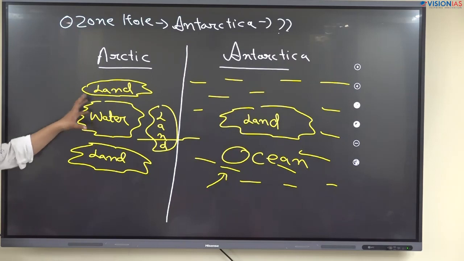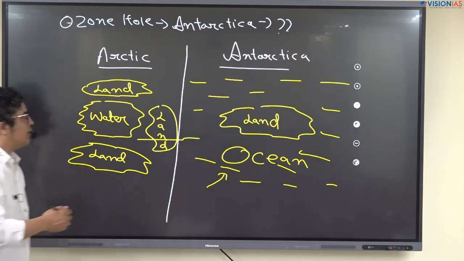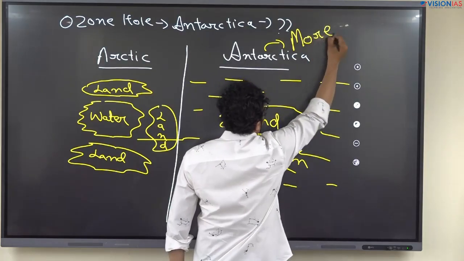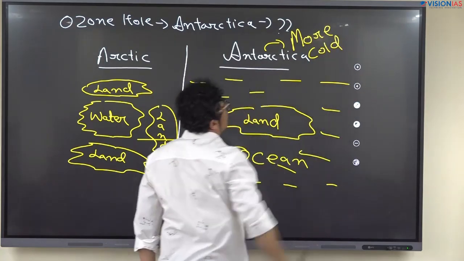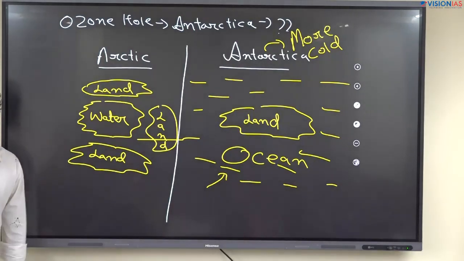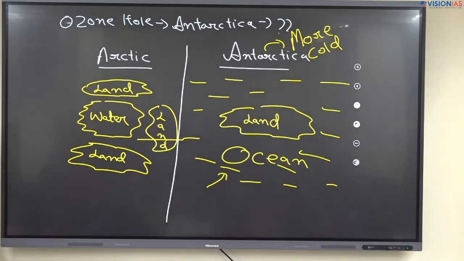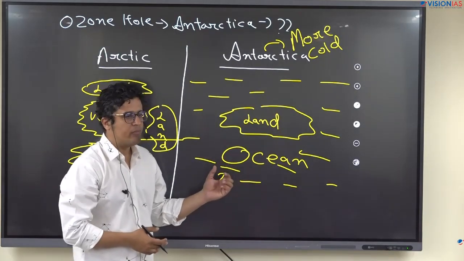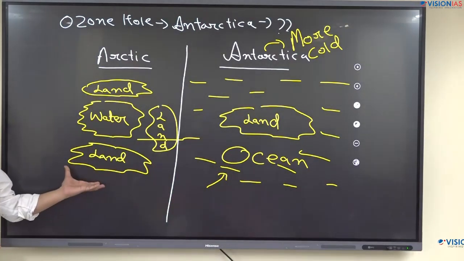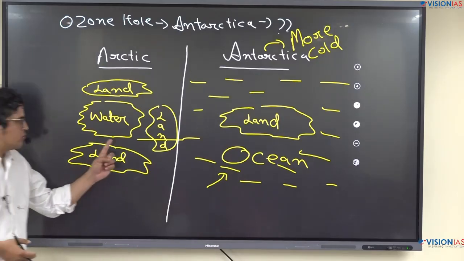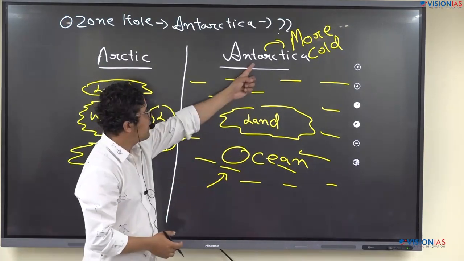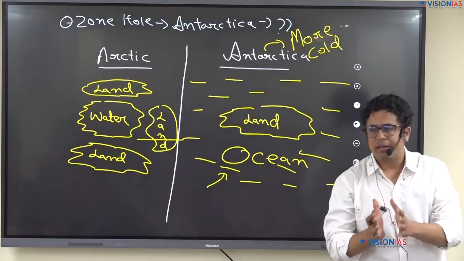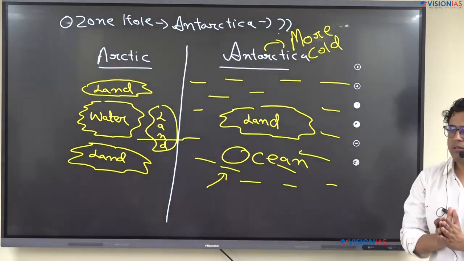So if you compare these two locations, Arctic and Antarctica, what you can conclude? That between them, which would be more cold? Antarctica would be more cold, because here ocean will take time to become warm. Here landmass becomes warm earlier. So this is a cold place. Antarctica is more cold. This is what you have to conclude in the comparison. Are you clear on this?